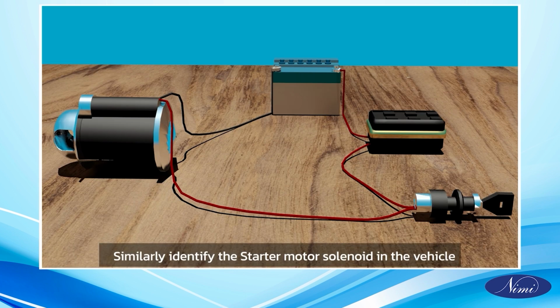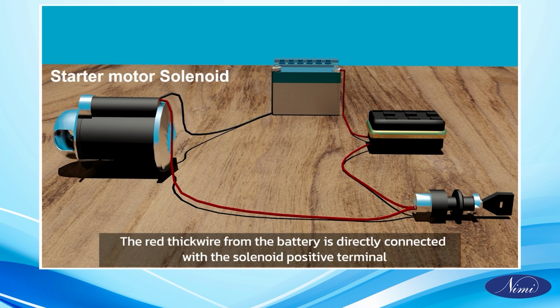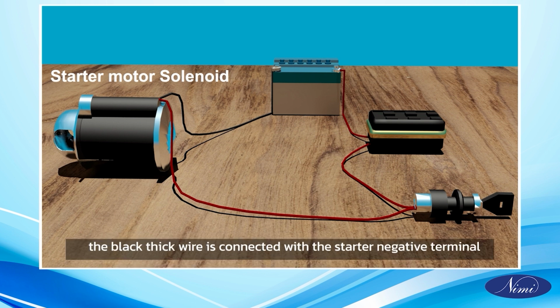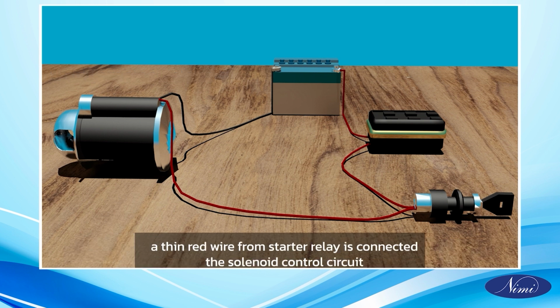Similarly, identify the starter motor solenoid in the vehicle. The red thick wire from battery is directly connected with the solenoid positive terminal. The black thick wire is connected with the starter negative terminal. A thin red wire from the starter relay is connected to the solenoid control circuit.